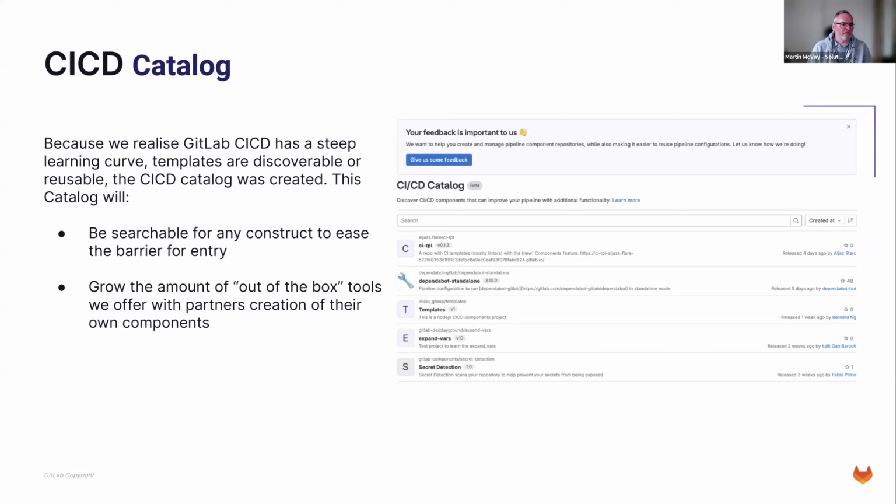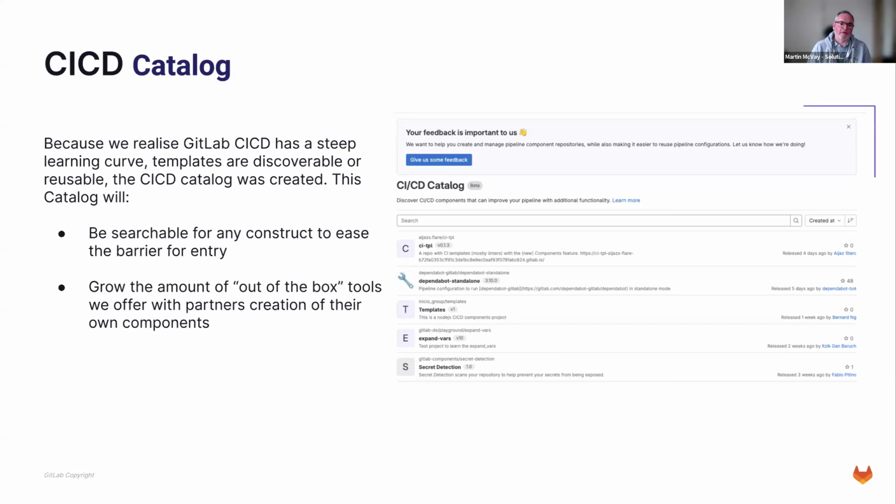What you'll see shortly is that the effort around this so far on GitLab.com is really around open source contributors and others that have put together CI/CD components, and then they publish them to the actual catalog itself. What we will also have available, for those of you who are not using the SaaS version of our software, is an internal CI/CD catalog.